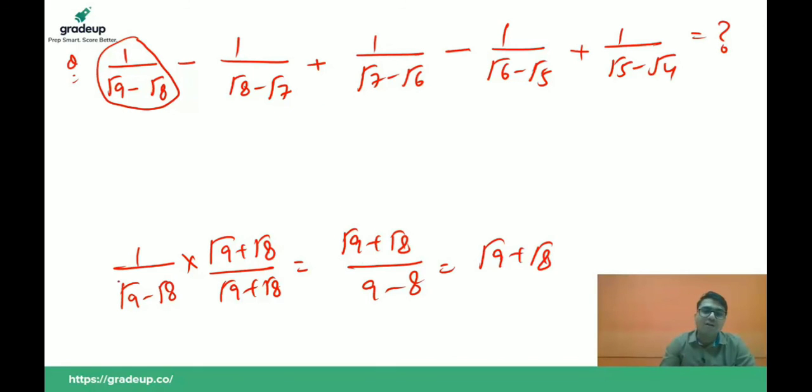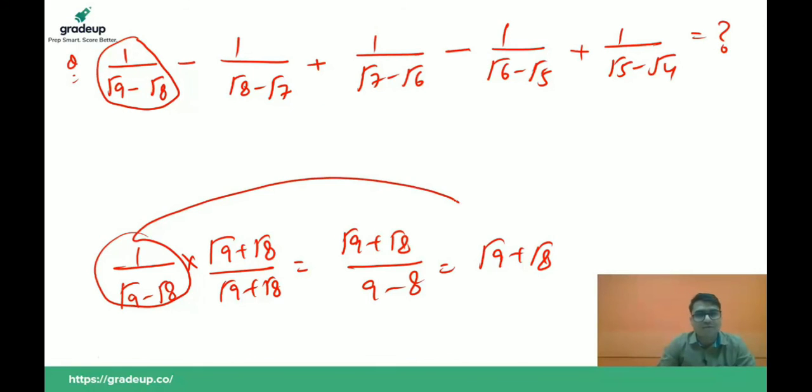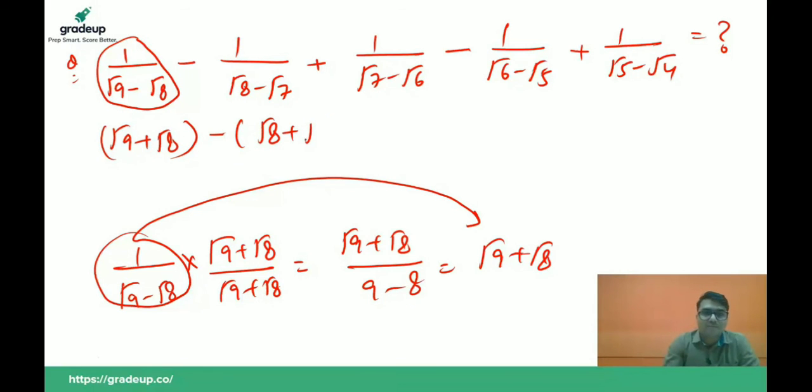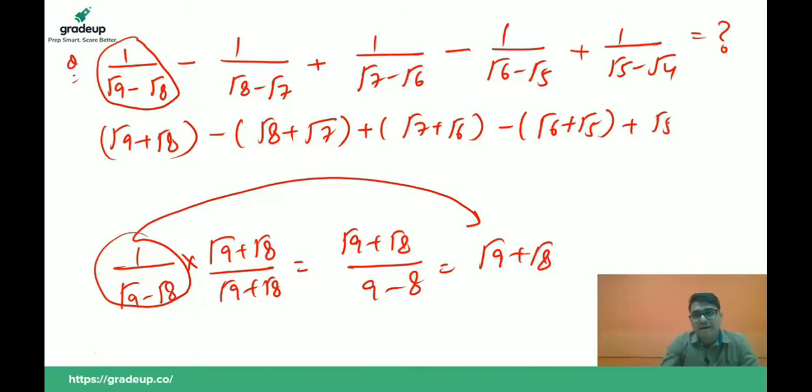What you are observing, this term converted into this. That means this is same, but the only thing I observe is the sign. Here I am having minus, here I am having plus sign. So I can write this term as this, and I can write this term as this, and so on.